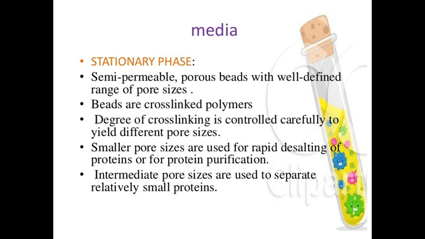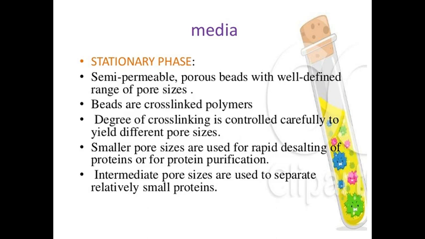Mostly we use a gelling agent to prepare the gel beads. The gel beads are semi-permeable in nature, porous, with a well-defined range of pore size. So if you prepare the gel beads with a proper concentration of gelling agent, we can control the pore size also.